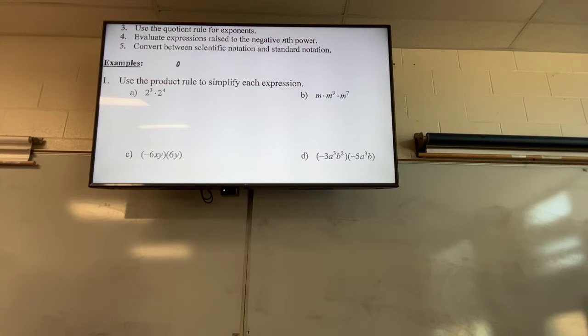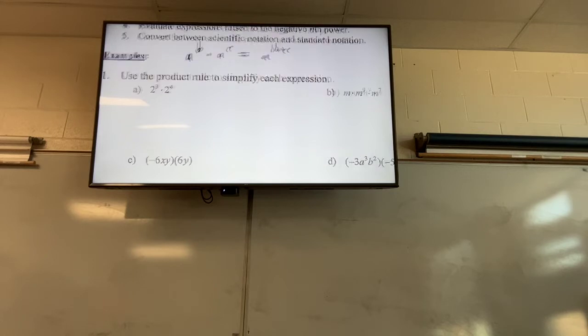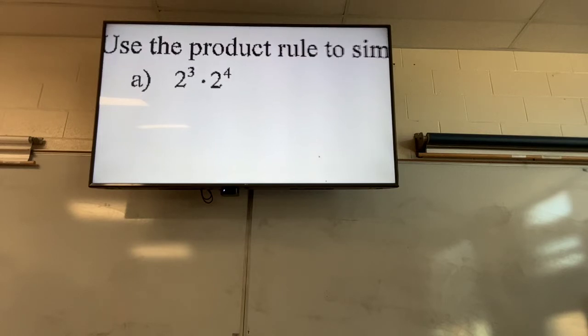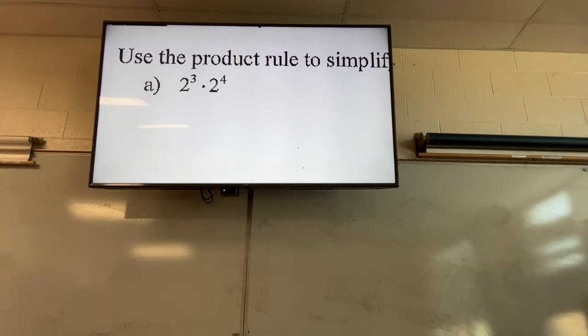Okay, a to the b times a to the c equals a to the b plus c. Stuff never goes away. If you have two numbers with the same base, the base is like the regular number, so 2 is the base there.